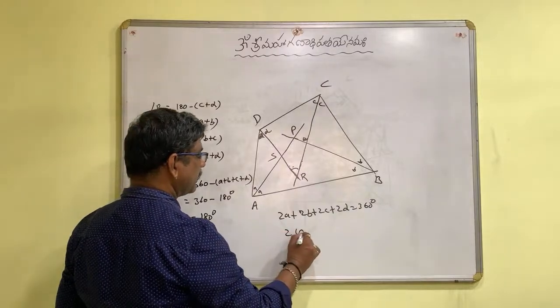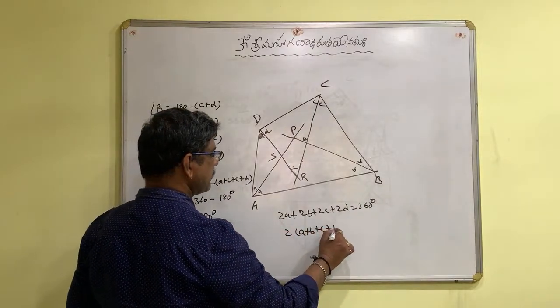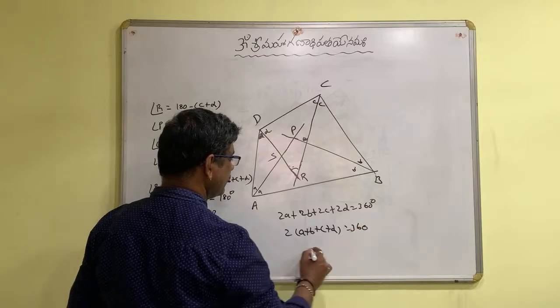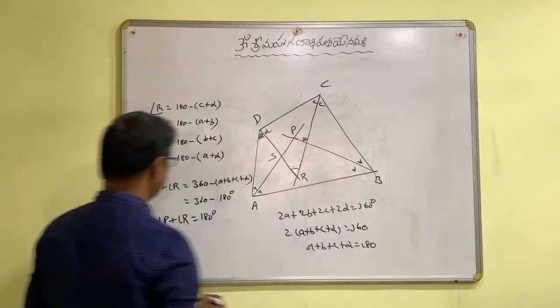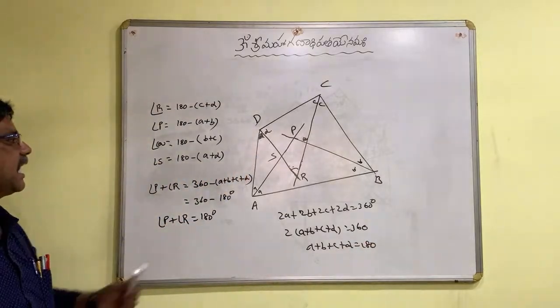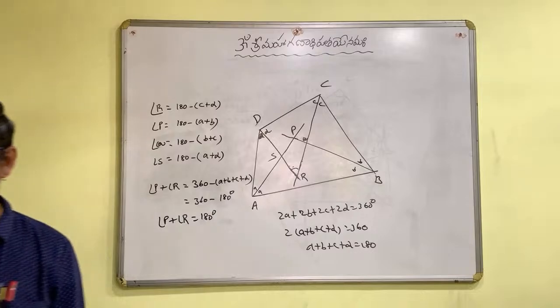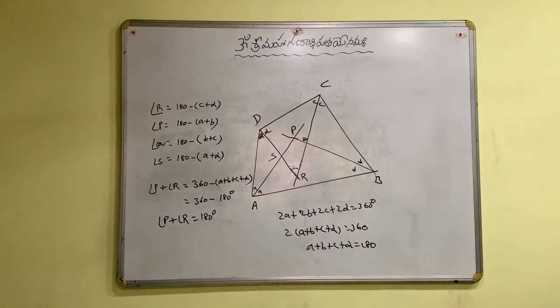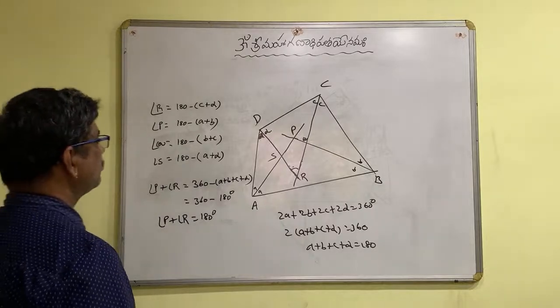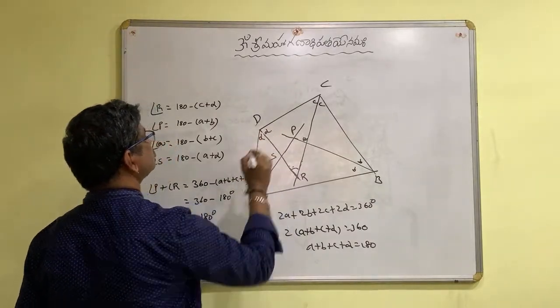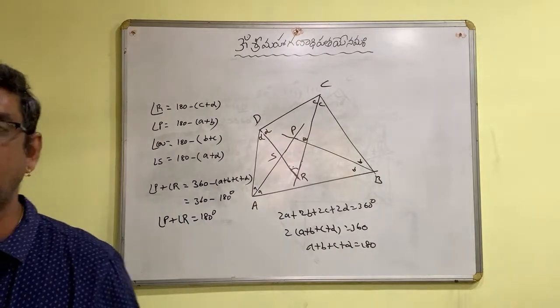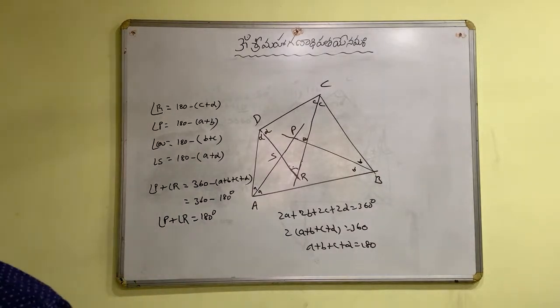If I take 2 common, A plus B plus C plus D is 180. So 360 minus 180 is 180. So angle P plus angle R is 180. So the option is quadrilateral whose opposite angles are supplementary. Option D is right, children.